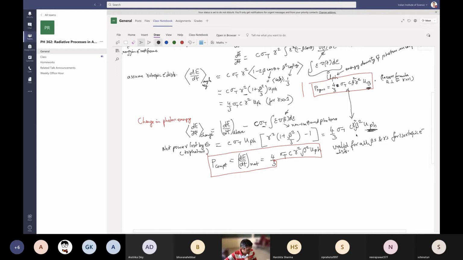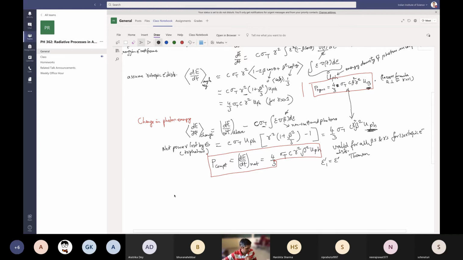Yes, so remember, in this formula we assumed that epsilon_1 prime is equal to epsilon prime. That is, you're in the Thomson limit. But if we don't assume that, then this will need a modification. If you're not in the Thomson limit in the electron rest frame, the photons lose some energy.